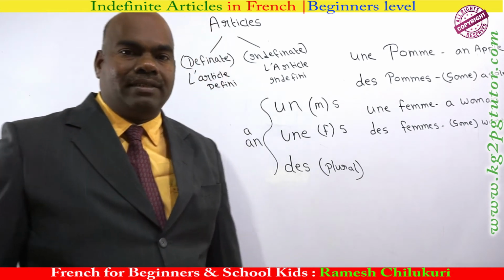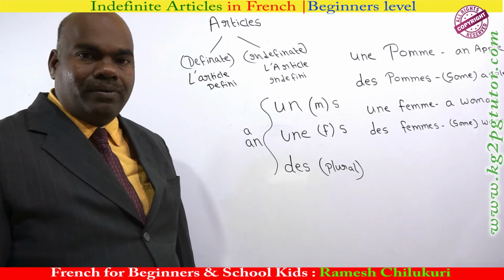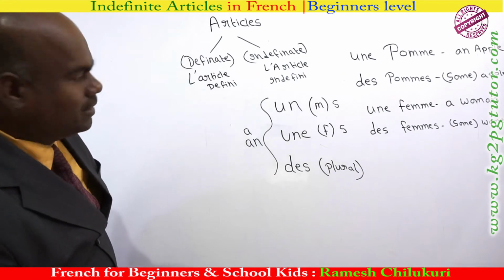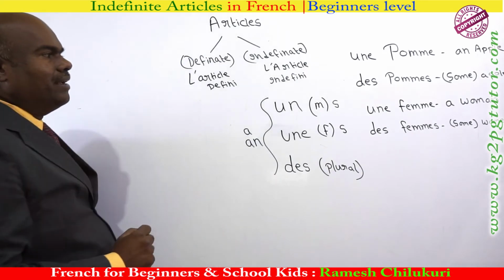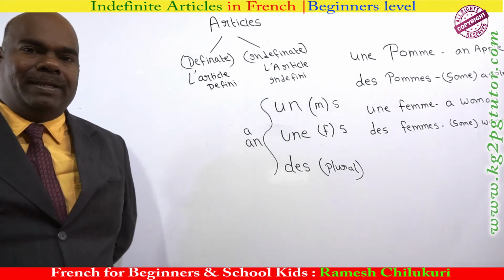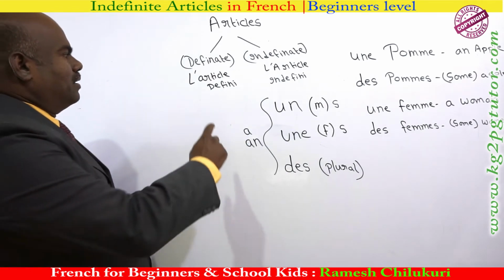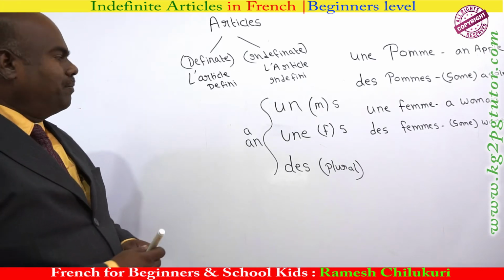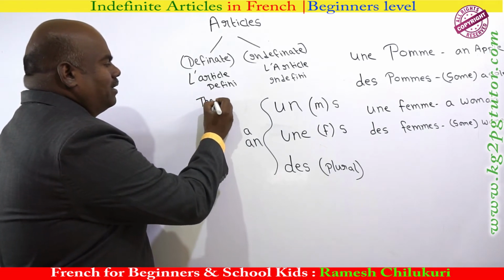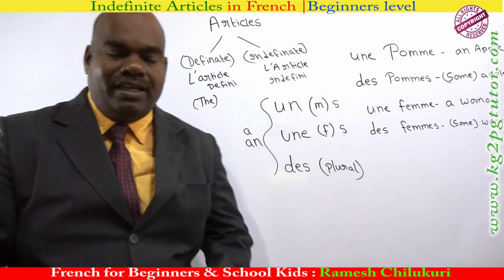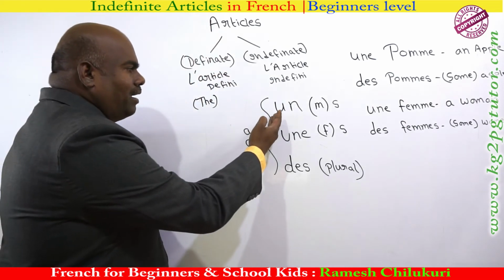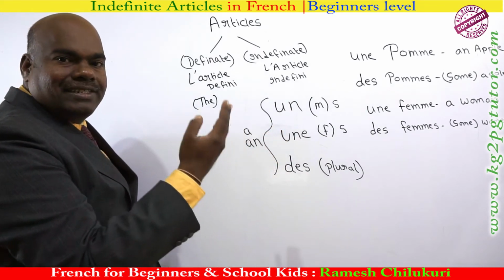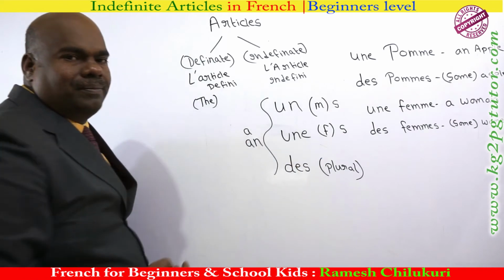So, I want to revise the same topic again for you. Articles are divided into two types, that is, l'article défini et l'article indéfini. The article défini in English, as you have seen in my previous video, means the, and article indéfini is un for masculine singular, une for feminine singular, des for plural.